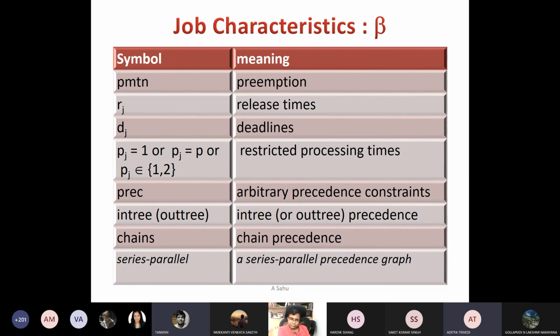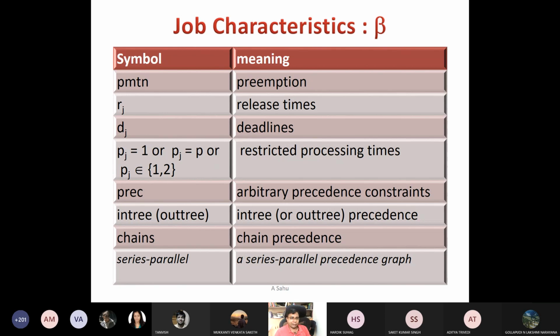Yes, sir, because the number of connections is less, and there are no multiple paths in a tree. Only one path exists, and a tree is always either an in-tree or an out-tree.